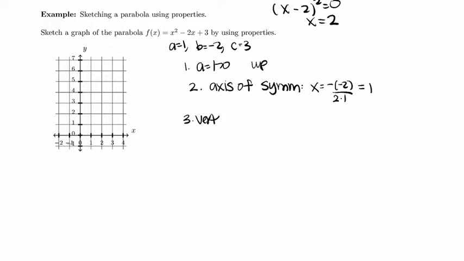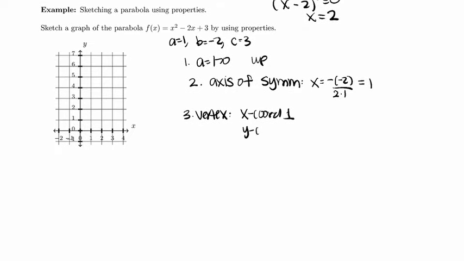Vertex, x-coordinate is 1. The y-coordinate is going to be whatever I get when I plug 1 into my function, which is 2. So my vertex is the point 1, 2.